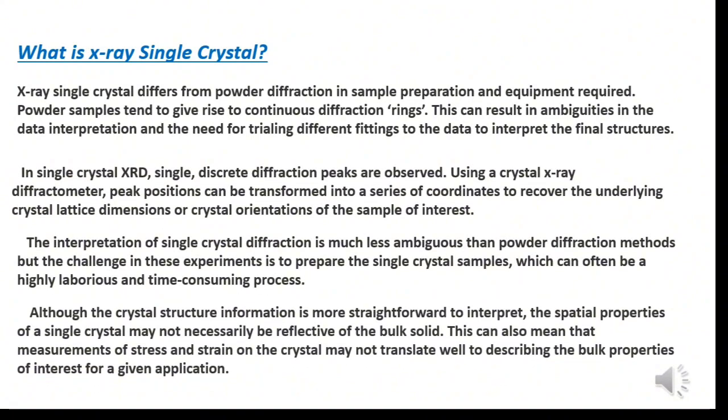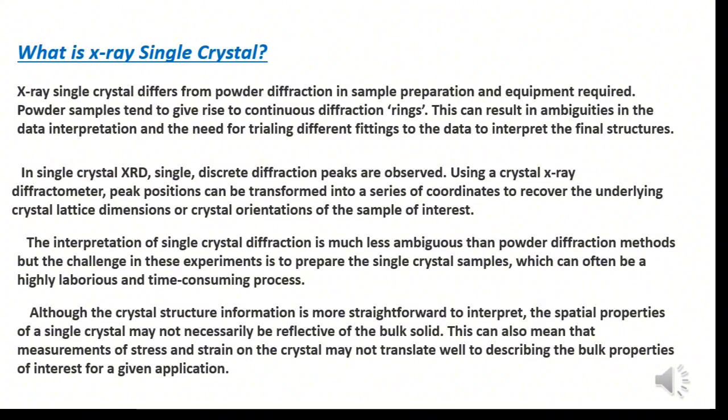What is X-ray single crystal? X-ray single crystal diffraction differs from powder diffraction in sample preparation and equipment required. Powder samples tend to give rise to continuous diffraction rings. This can result in ambiguity in the data interpretation and the need for trying different fittings to the data to interpret the final structures.